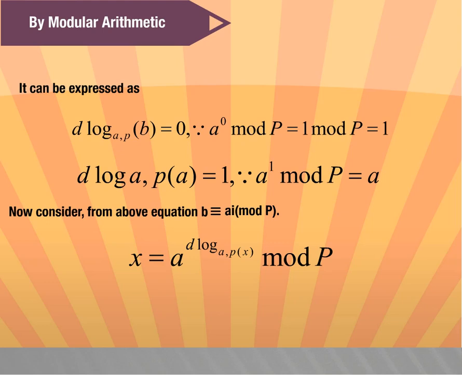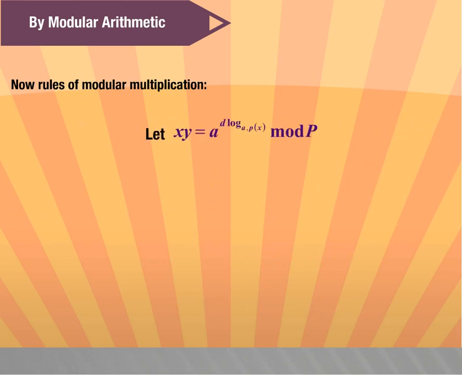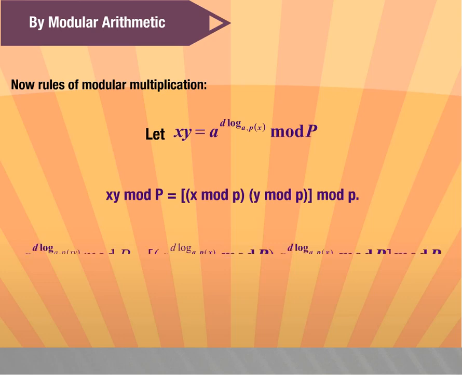Now consider from the above equation b congruent to a^i mod p. x is equal to a^(dlog base a comma p of x) mod p. y is equal to a^(dlog to the base a comma p of y) mod p. Now the rules of modular multiplication. Let xy be given by a^(dlog to the base a comma p of xy) mod p. xy mod p is equal to (x mod p)(y mod p) mod p.